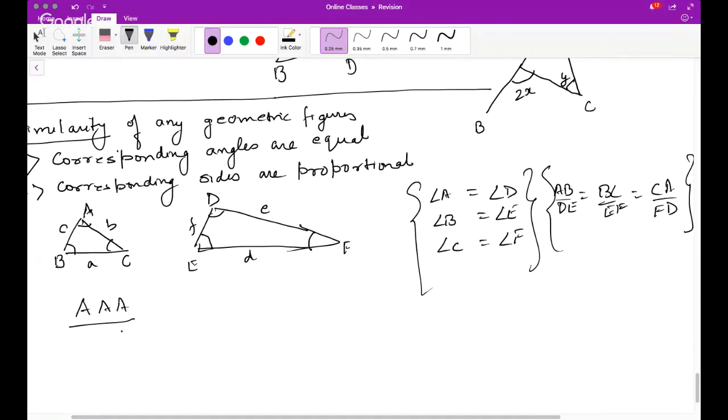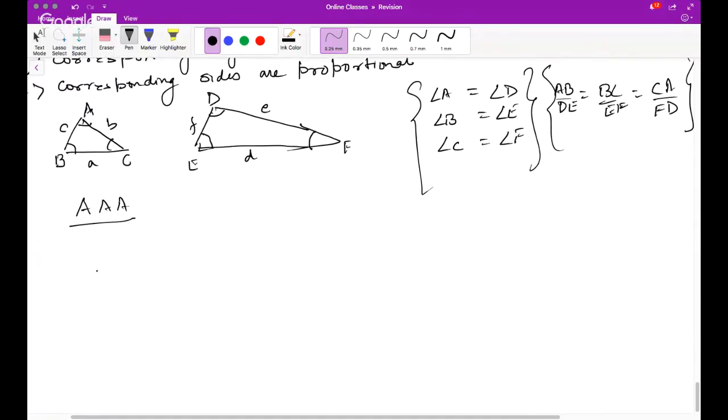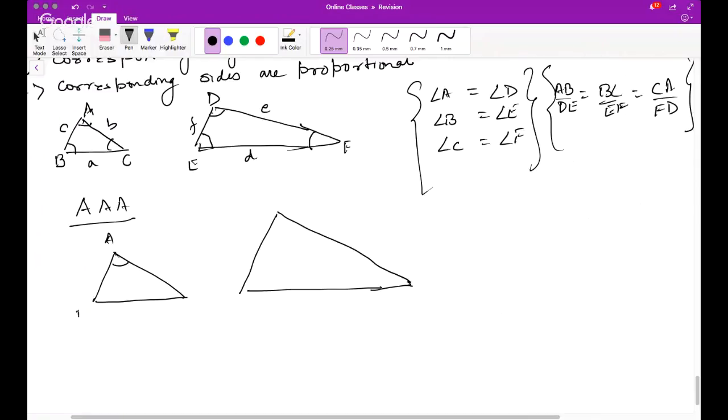And how do we prove that? Proofs would mostly not be there in your board exams, but I'll try and do one for you, and the rest you can do back at home. Let's say I have to prove that if angles A, B and C are correspondingly equal to D, E and F, then the two triangles are similar.